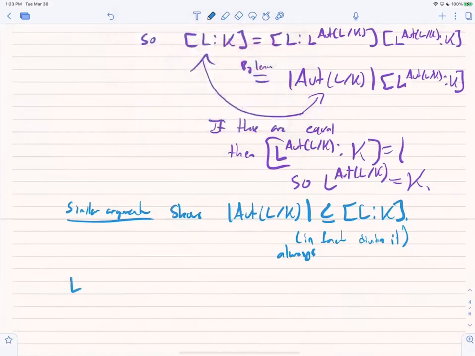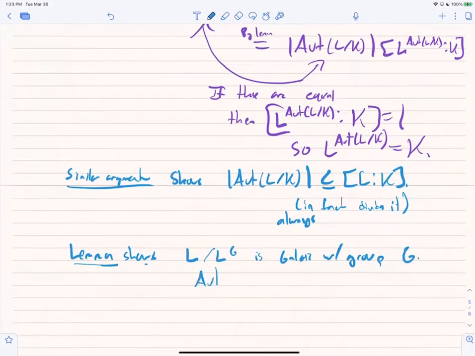And then also I want to point out that the lemma shows that L over L^G is Galois with group G. When I say it's Galois with group G, that just means the automorphism group of L fixing L^G is equal to G. So certainly G is contained in there.